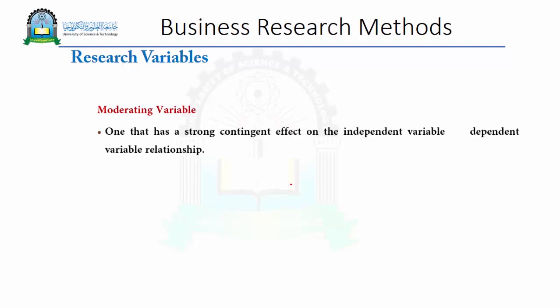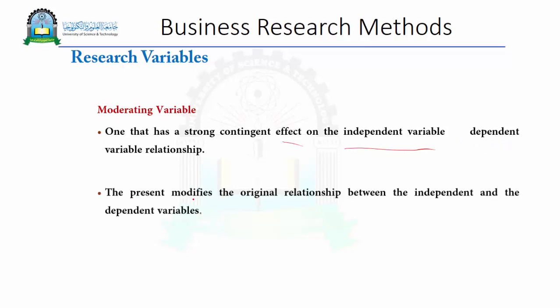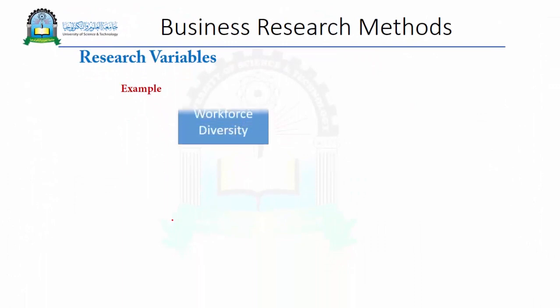A moderating variable is one that has a strong contingent effect on the independent variable relationship. The presence modifies the original relationship between the independent and dependent variable, and this is an example.